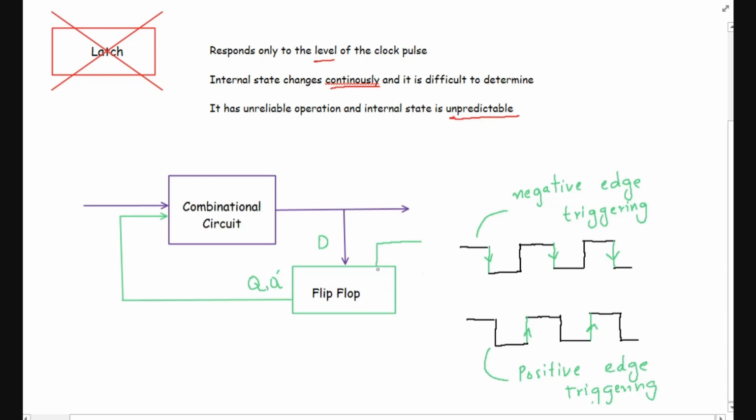So we can actually maintain the internal state of the circuit. That is why latches cannot be used as storage devices, while flip-flops can be actively used as storage devices because they maintain the internal state of the circuit.